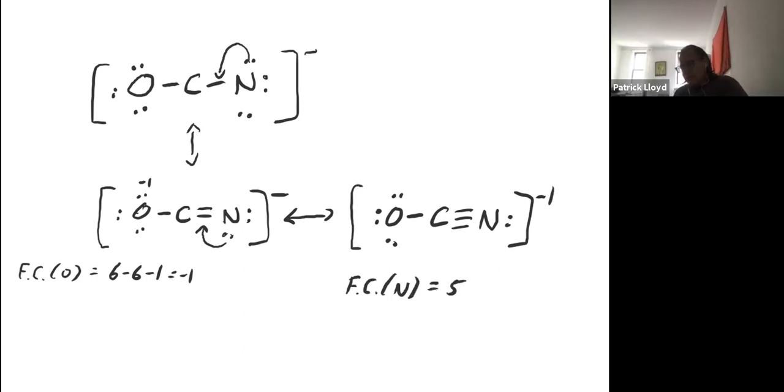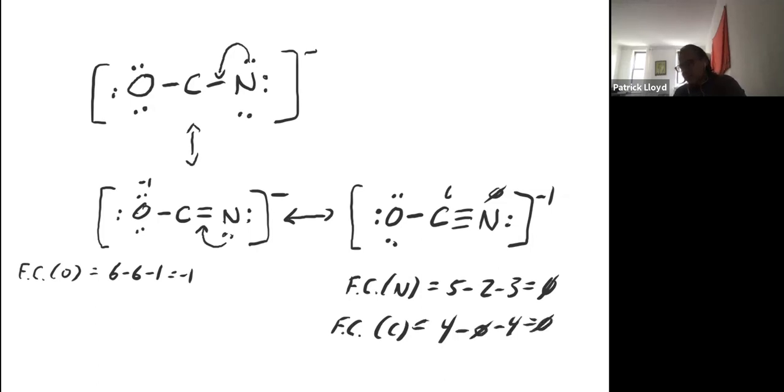Group 5A, 1 lone pair, so subtract 2, 3 bonds, subtract 3, 0. So we got 0. Carbon is also 0. Let me show that for you. Group 4A, it's got no lone pairs, but 4 bonds, 0. Carbon's really cool, 0, -1.